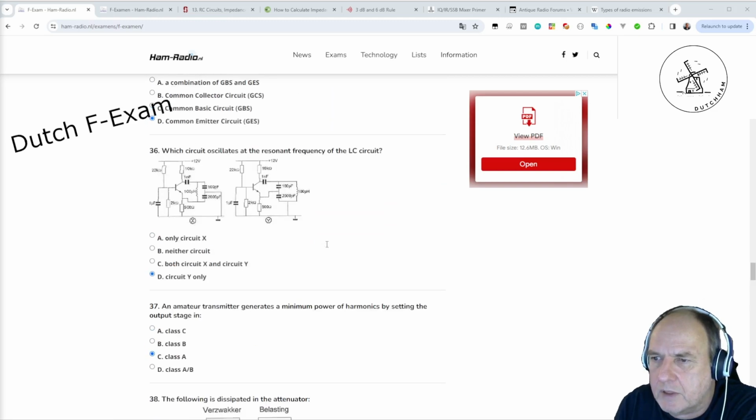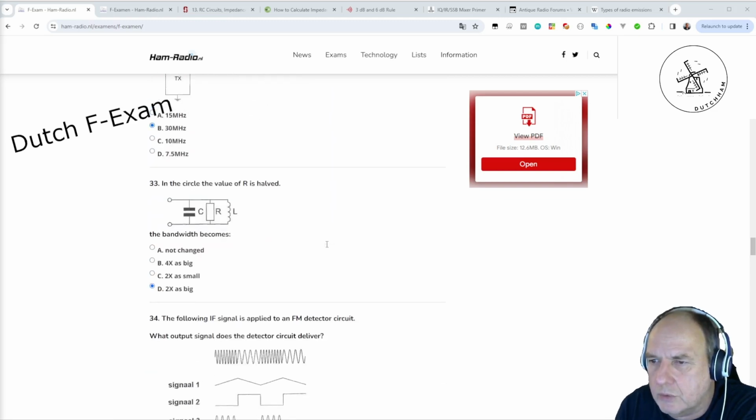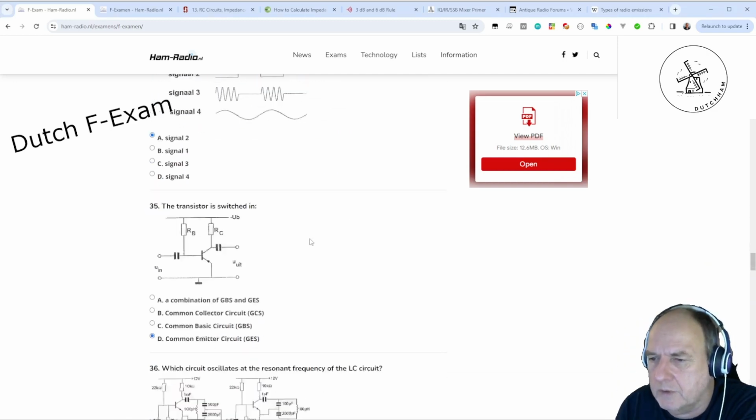Because that was question this one. So the resistance was halved. So I think this is getting twice as small because the resistance will have more effect on the circuit. So I'll change that to small.